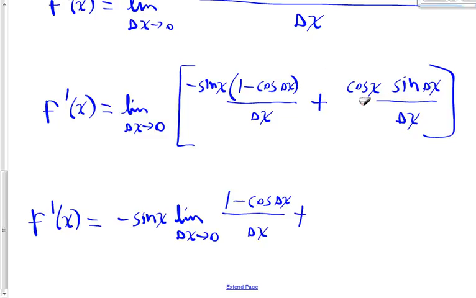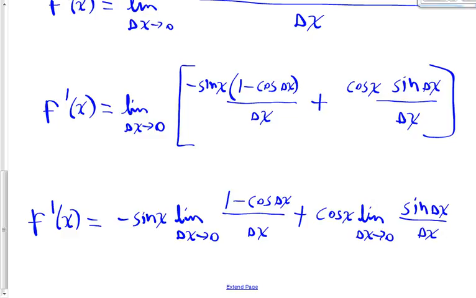Also, in terms of delta x, cosine of x is also a constant. So that can come out. Cosine of x times the limit as delta x approaches 0 of the sine of delta x over delta x.